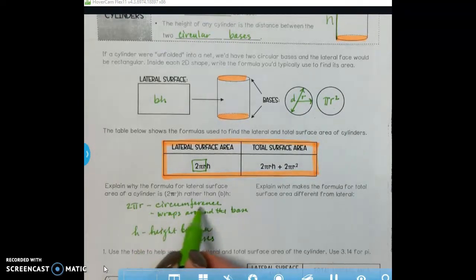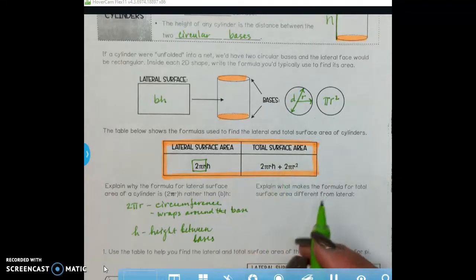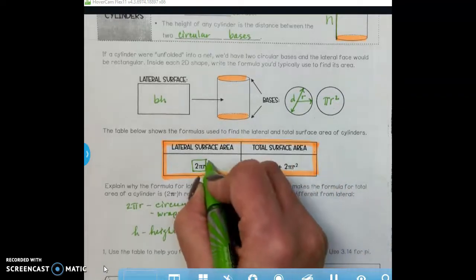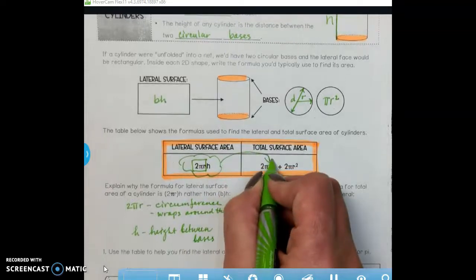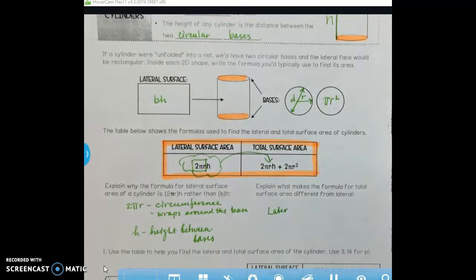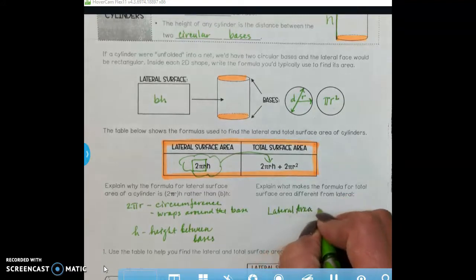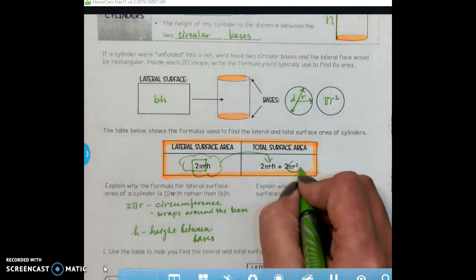This is the distance around the base. And so when we look at the continuation, the total surface area, we would say it's lateral area. What do we see? It's the same formula. The same formula for lateral area is in the front of our total surface area. So we would say lateral area plus 2 pi r squared.